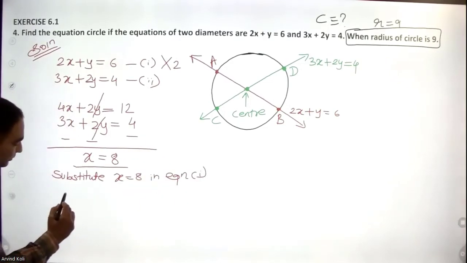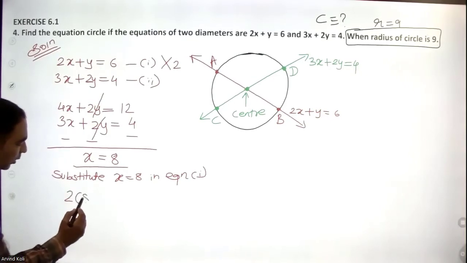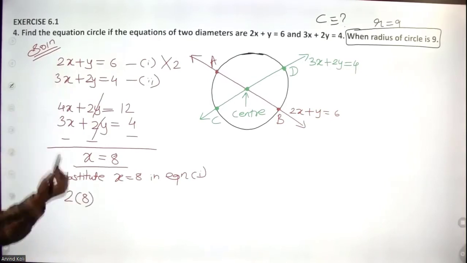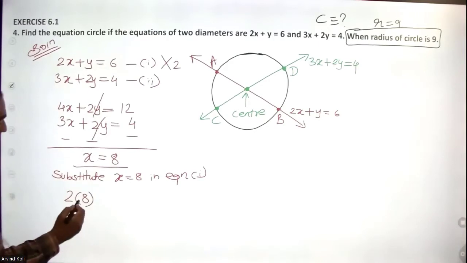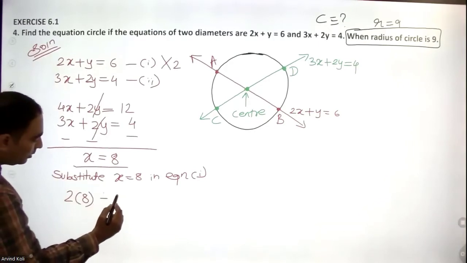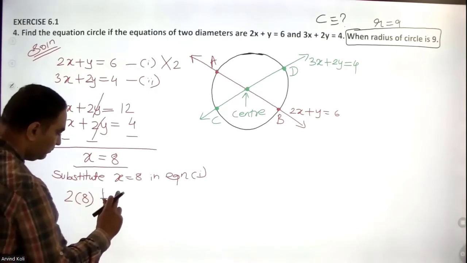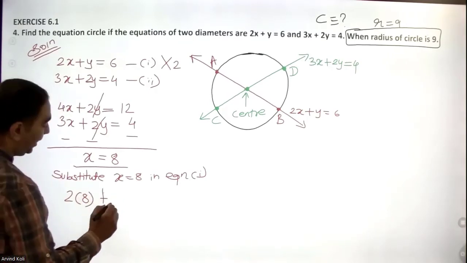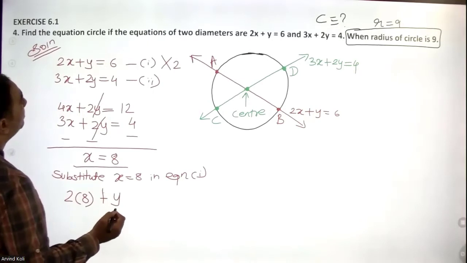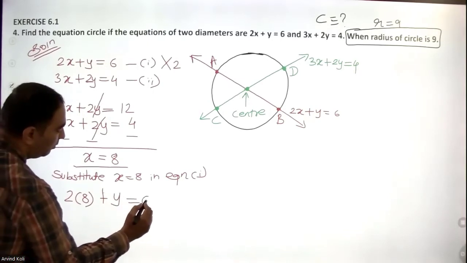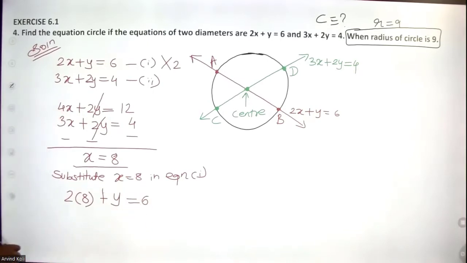We get 2 into 8 plus y is equal to 6, where x is, 8 will come.